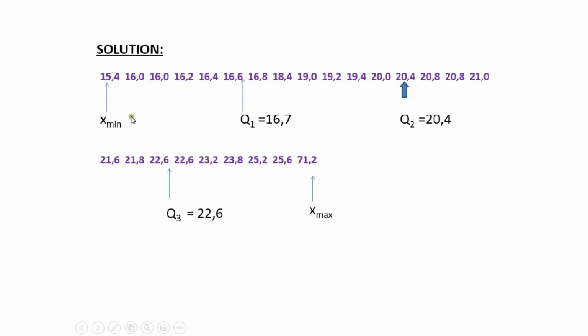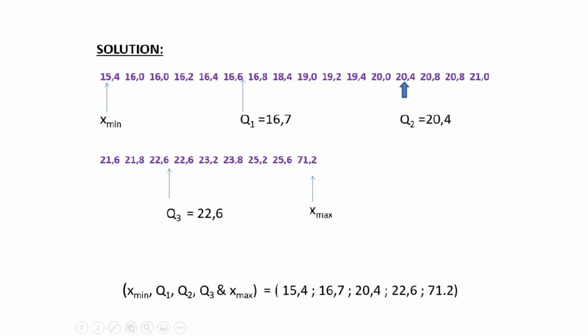I've already indicated the minimum value, Q1, Q2, Q3, and the maximum value. Then we can summarize it in the same way, and we indicate the values as we take them out of our number line.